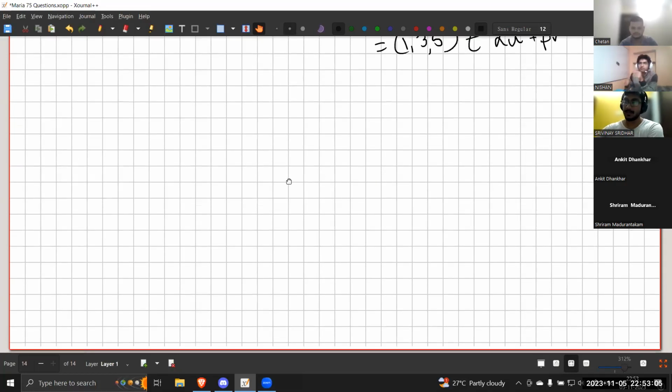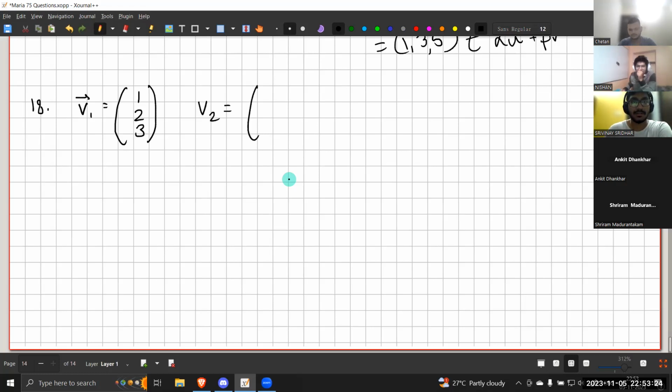That's what we saw, which is nothing but saying, so we have three vectors. Let's say question number 18. We have three vectors. Vector 1 is equal to 1, 2, 3. Vector 2 is equal to 4, 5, 6. Vector 3 is equal to 7, 8, 9.